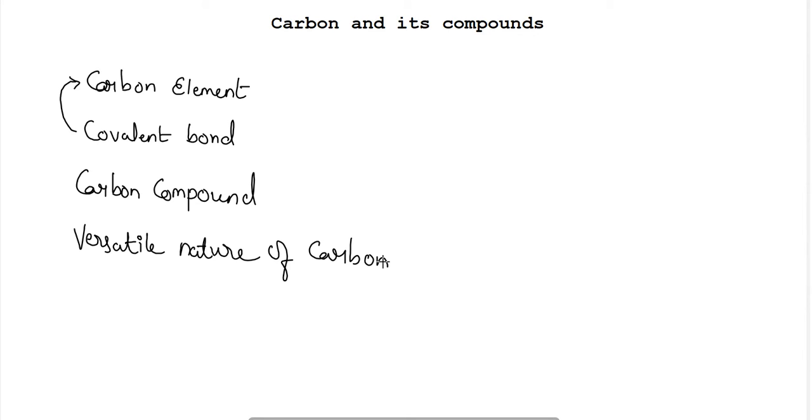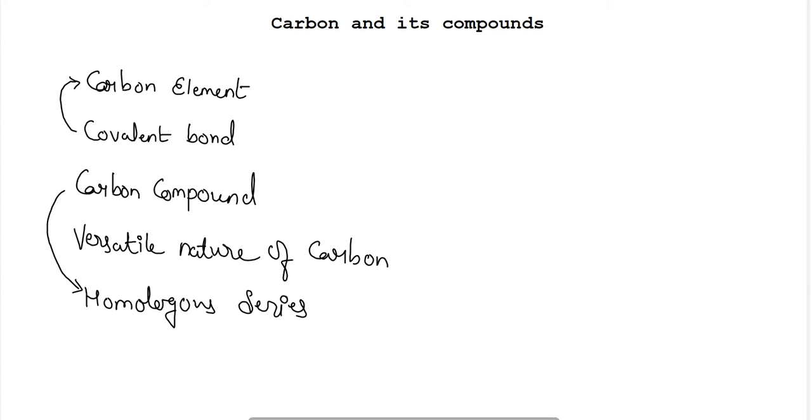Also, in the further part of the chapter we will study the homologous series. What is a homologous series? How are we going to define the homologous series? What are the carbon compounds which are going to be defined in this homologous series? All these things will be present in this chapter.